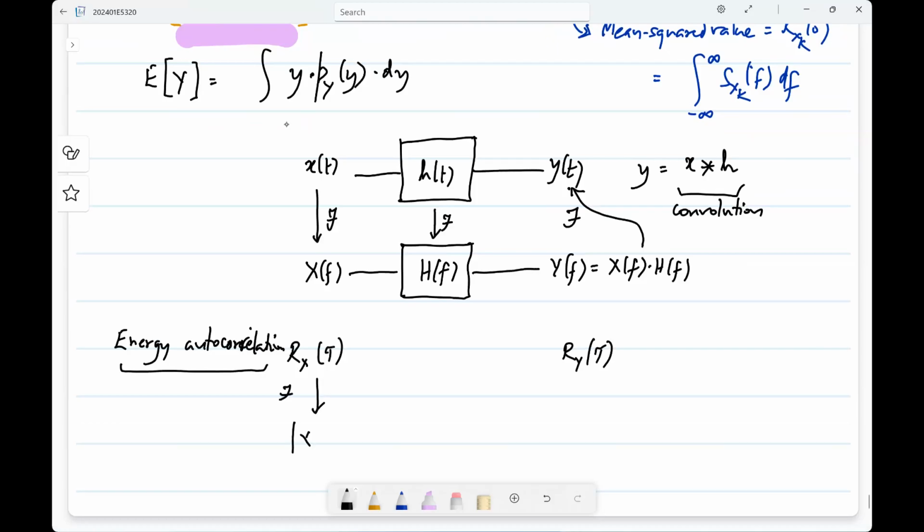We want to find out the Fourier transform of this, which is mod y of f square. So what is this? Mod x square times mod h square.